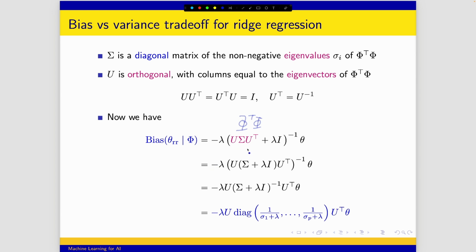Right? So what do we have here? Well, we can go from here to the following. Why can we go from here to here? Well, let's look to see what's inside here. What have I done? I've taken U as, if we do U times sigma times this, we will recover this term here. And then do U times lambda I times U transpose.